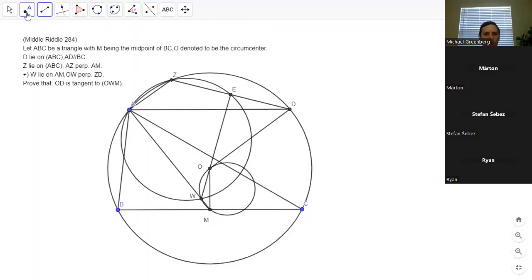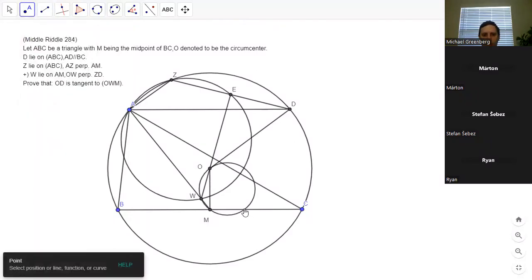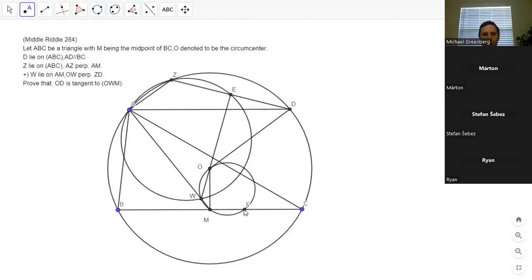So maybe it's worth drawing this point, and if we can show OWF is a right angle, that would be a way to solve the problem. Well, not really. We know OWF is right. We want to show that this is tangent. So WF is parallel to ZB.